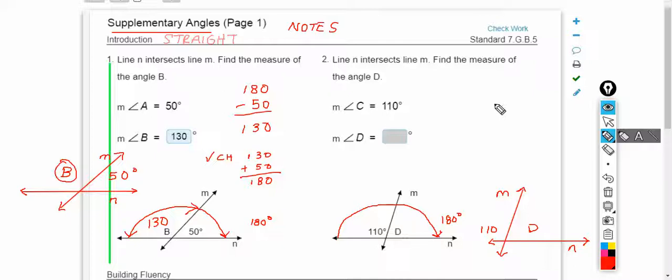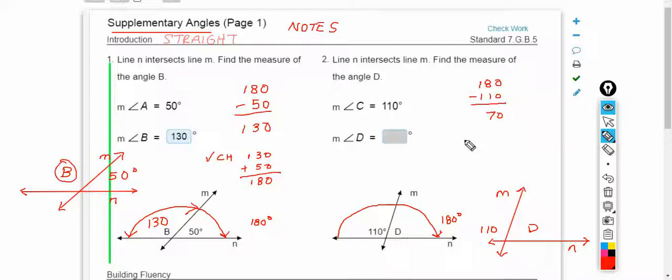So first we start out with the total angle amount, which is 180. We will subtract the angle that we know, which is 110. And when we subtract those, we get 70.